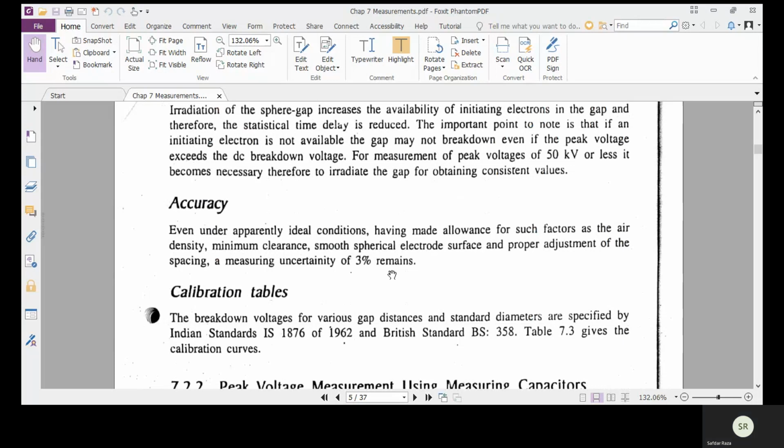It means that there is an error of approximately 3% in sphere gap voltage measurement. So it is a huge value of error, and definitely it is a limitation, a disadvantage of this sort of instrument.